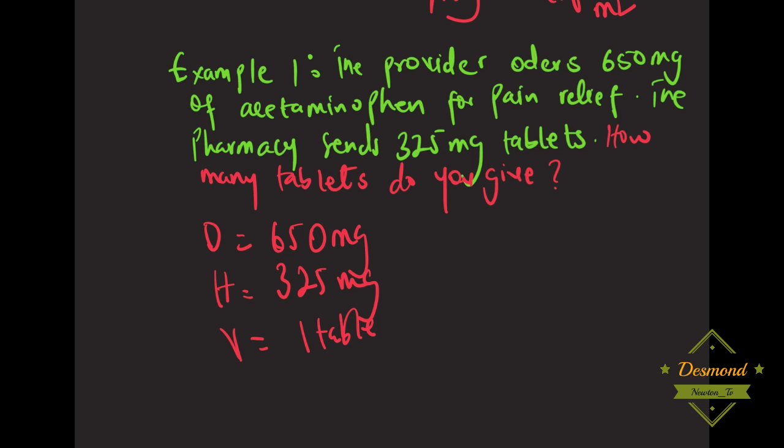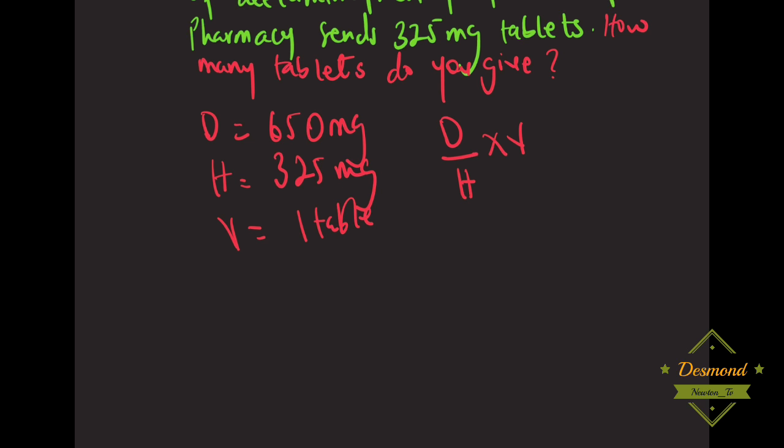Now step 2 is to write your formula down, which is D on H times V. What is our D? The desired dose is 650 milligram, divided by our available dose, which is 325 milligram, then times 1 tablet.